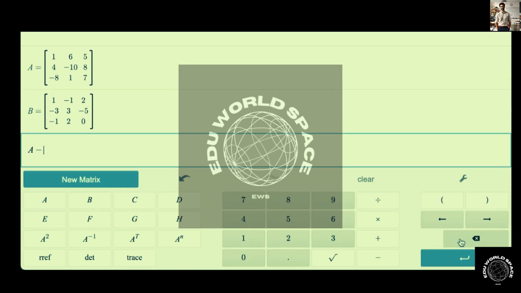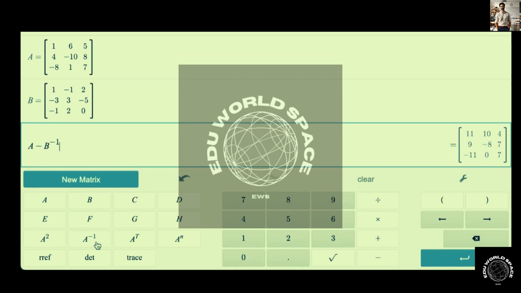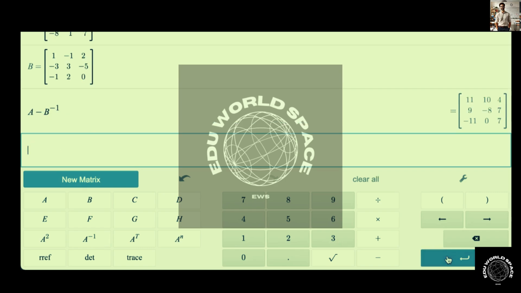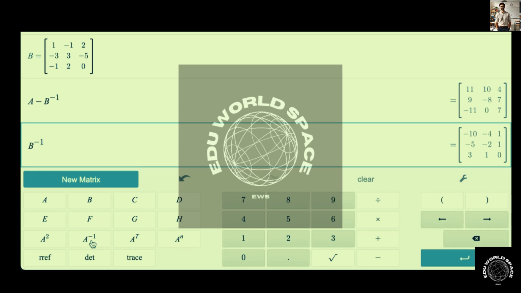So that would be 11, 10, 4, 9, -8, 7, -11, 0, 7. By the way, B inverse is -10, -4, -5, -2, 1, 3, 1, 0.